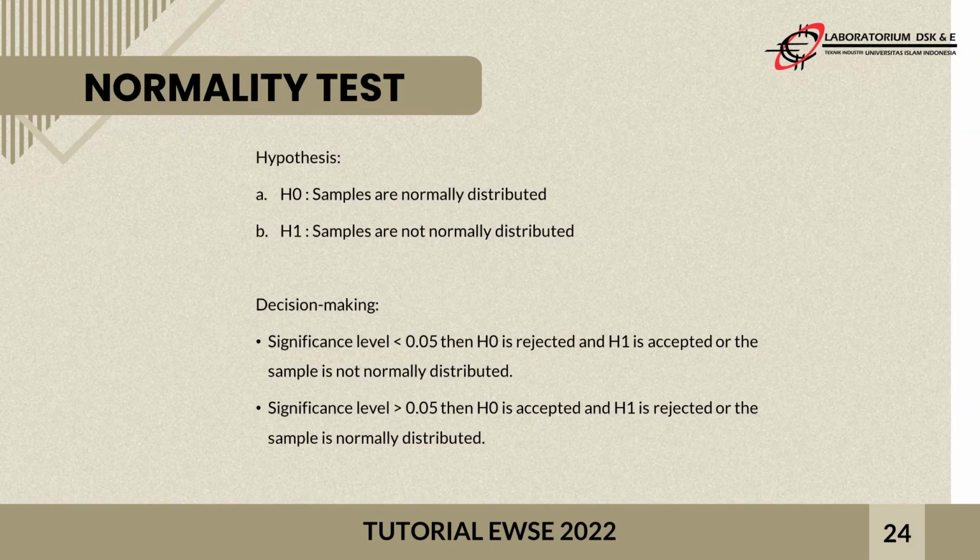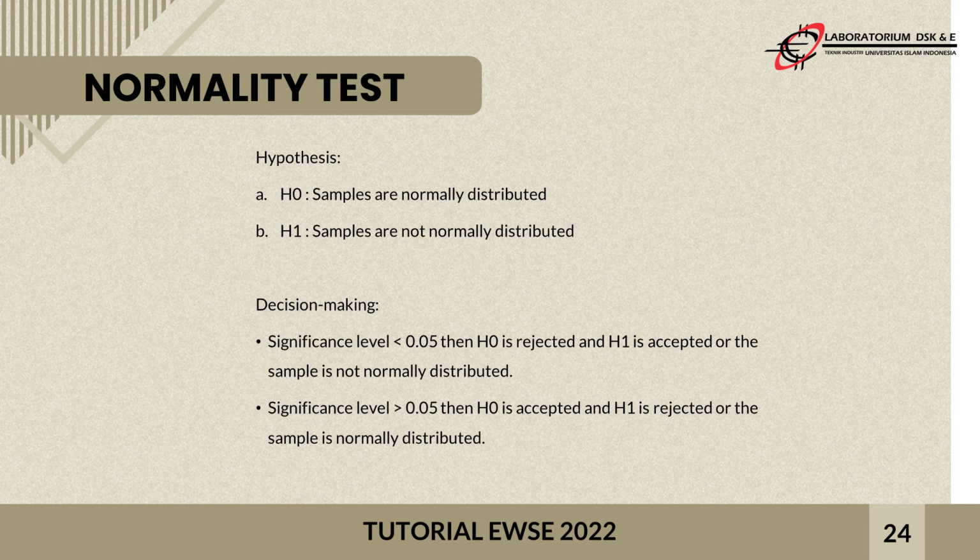For the hypothesis, H0 means the sample is normally distributed, and H1 means the sample is not distributed normally. Decision: if the significance value is less than 0.05, then H0 is rejected and H1 is accepted, or the sample is not distributed normally.